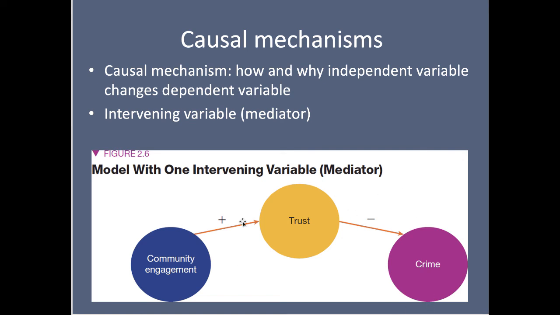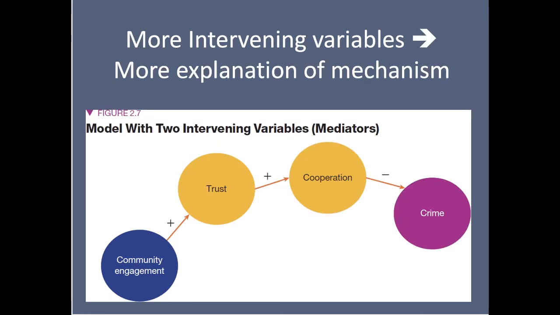So instead of just having one mediator, one intervening variable, we're going to have two. This one says more community engagement, more trust. If the community trusts the police, they're more likely to cooperate with the police, and that, the idea is, will bring down crime.